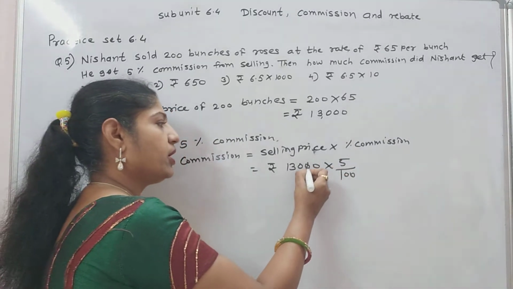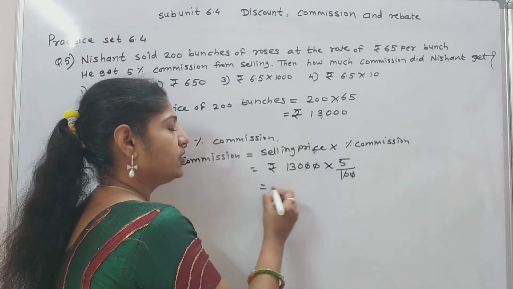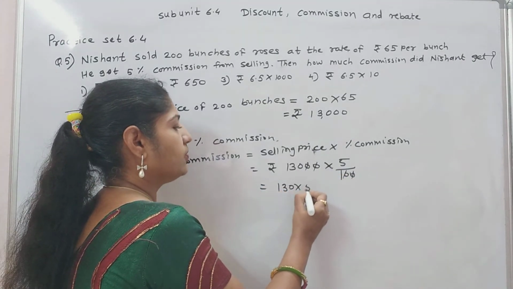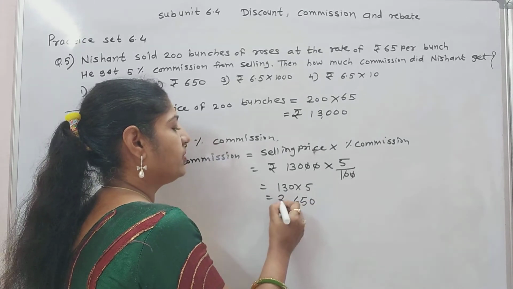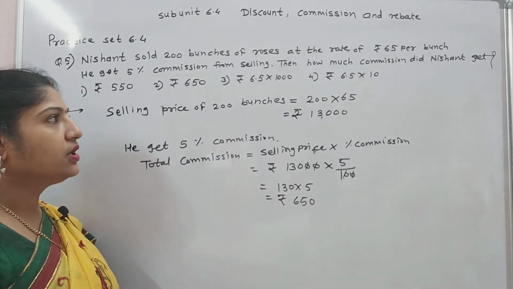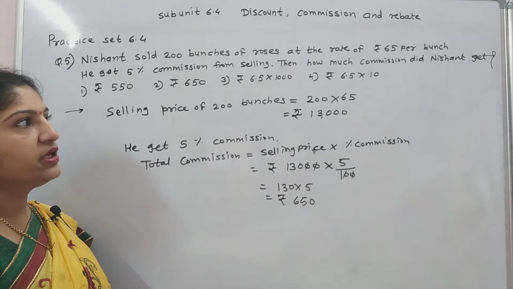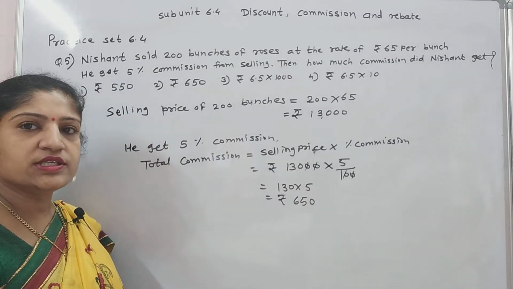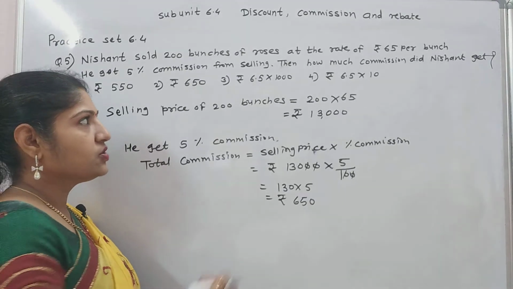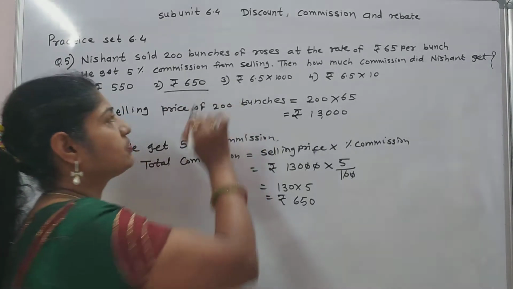Double zeros, numerator and denominator, zeros are cut. 130 into 5, 650. How much commission did Nishant get? Nishant gets 650 rupees as a commission. So answer is rupees 650.